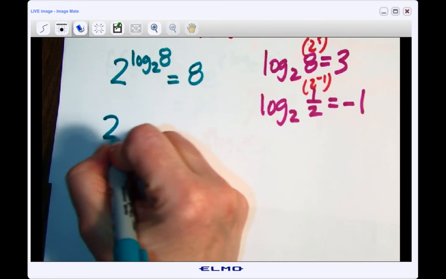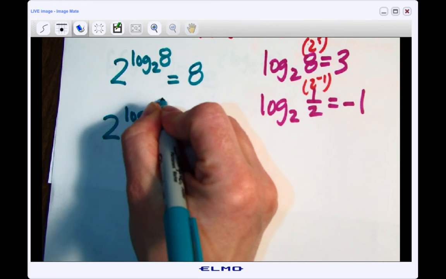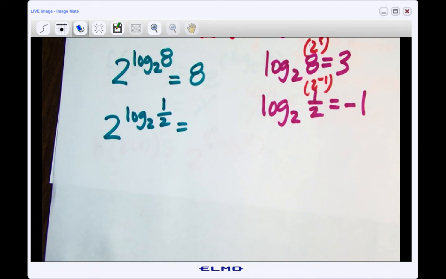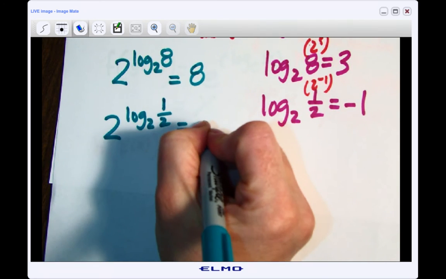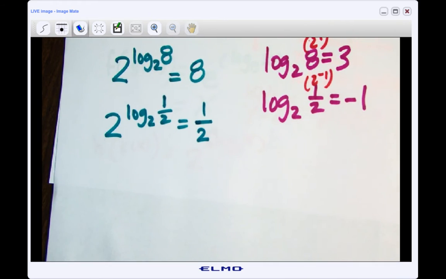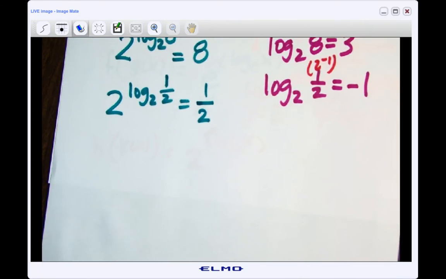And if I do 2 to the log base 2 of a half, it says whatever number you have to raise 2 to get a half. So what must I be when I raise 2 to me? I'm going to be a half. Because we know that this thing is equal to -1. And it doesn't even matter if we knew what it was equal to.